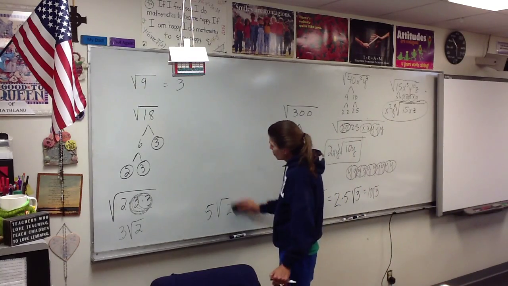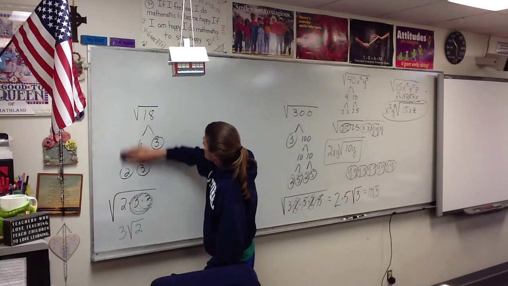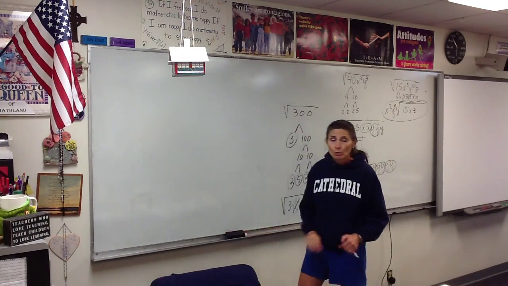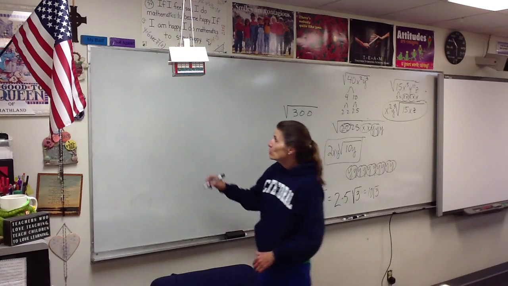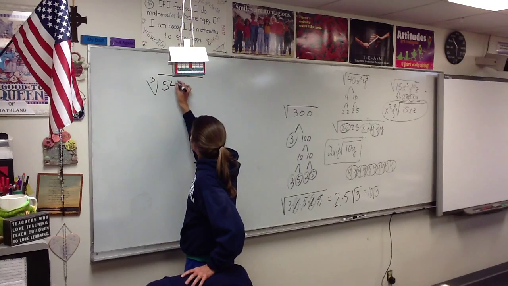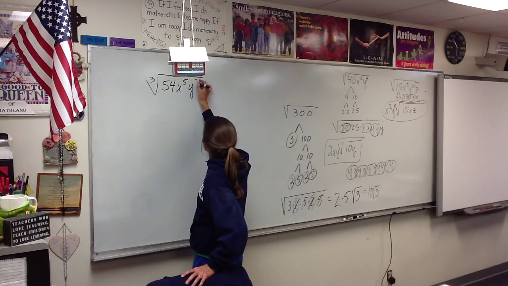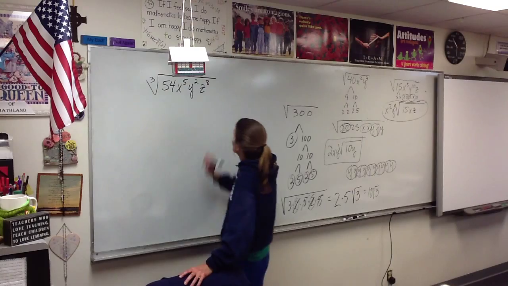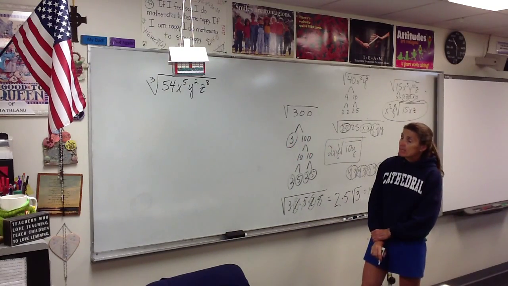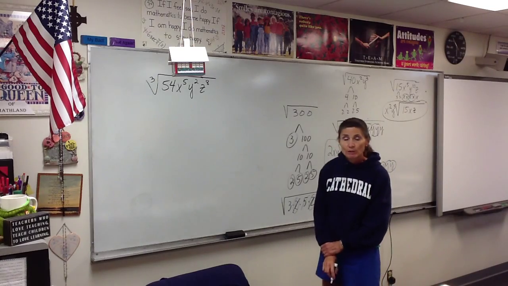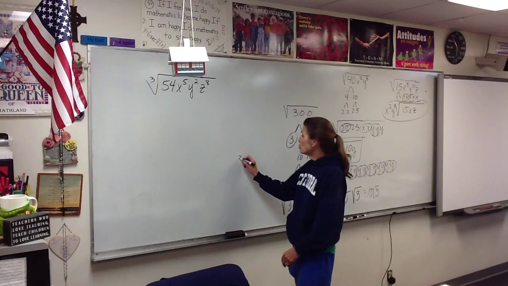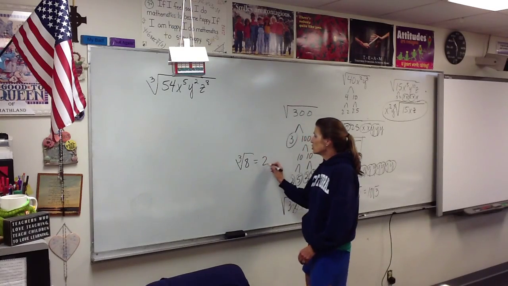Now I want to do one more situation because I want you to understand that not every radical in the world is a square root. You could have a cube root, for example. Now, what does it mean to be a cube root? Well, you know some cube roots already. For example, you know that the cube root of 8 is 2.